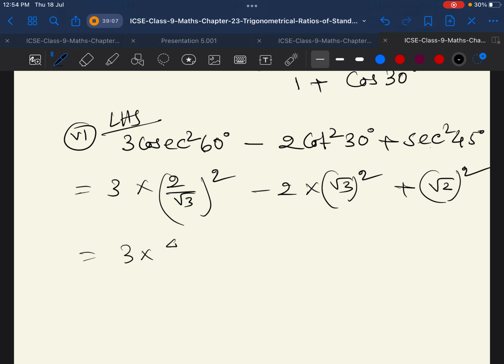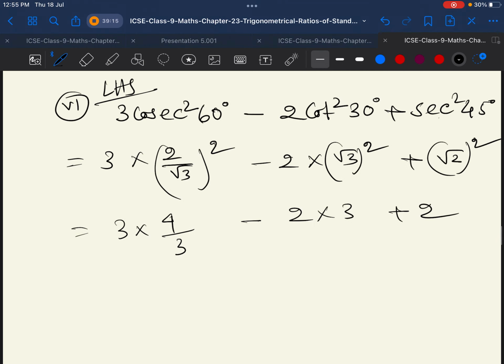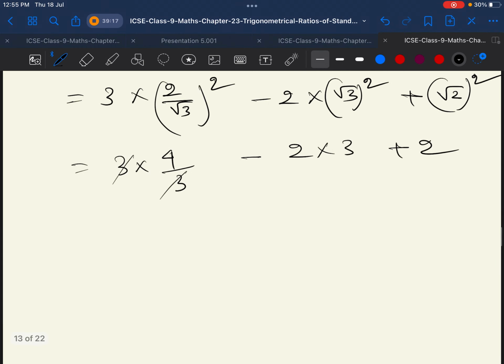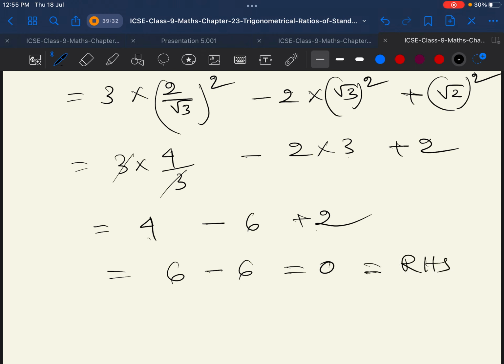So 3 into 2 square is 4, root 3 square is 3, minus 2 into root 3 square is 3, plus root 2 square is 2. Okay, so 3 here cancels. We will get 4 minus 2 into 3 is 6, plus 2. Okay, so 4 plus 2 is 6, 6 minus 6 is 0. This is right hand side. Proof.